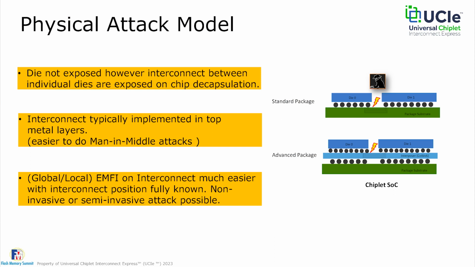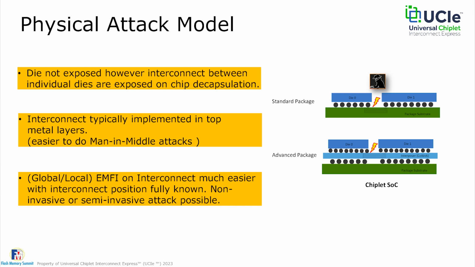All right, so why is this new, right? The die is still not exposed, right? Once you remove the lid, you can, but the interconnect is exposed now. The interconnect was exposed previously as well, even in proprietary products. However, what's different now is that we know the protocol, we know the bump locations, we know how it is laid out, and we know what the bridge chip is going to look like.